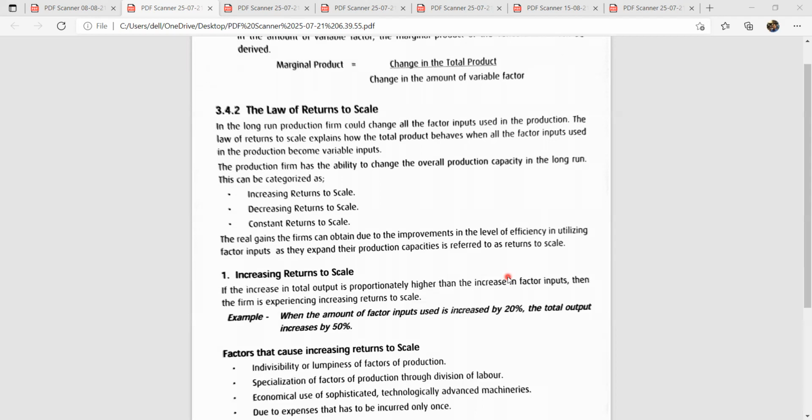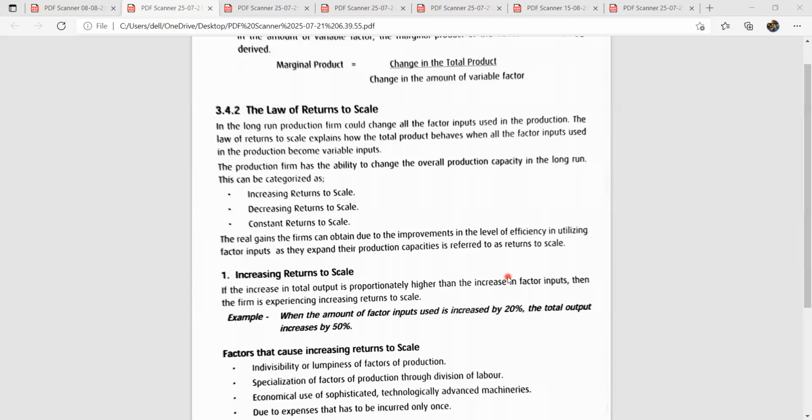So in the long run, there is no division of fixed and variable factors. The production firm has the ability to change the overall production capacity in the long run. This can be categorized as increasing return to scale, decreasing return to scale, and constant return to scale.